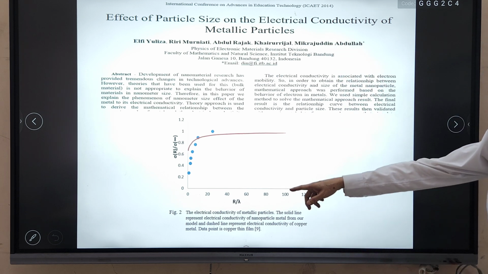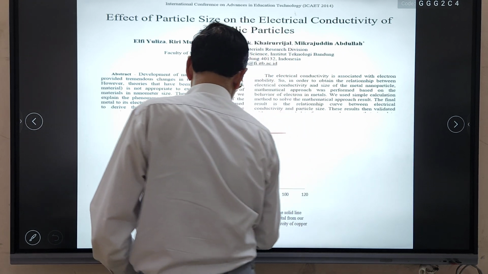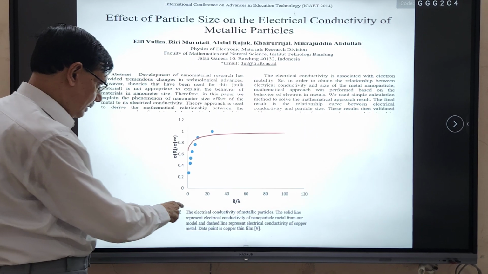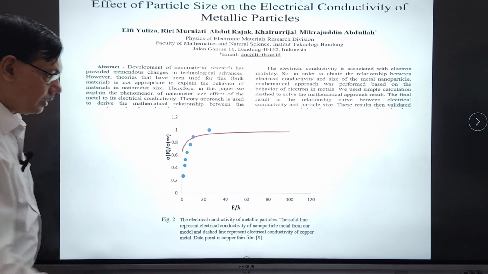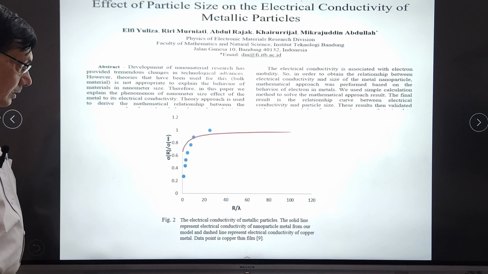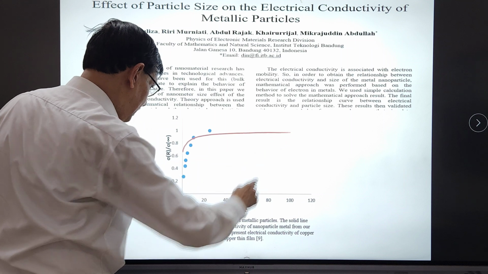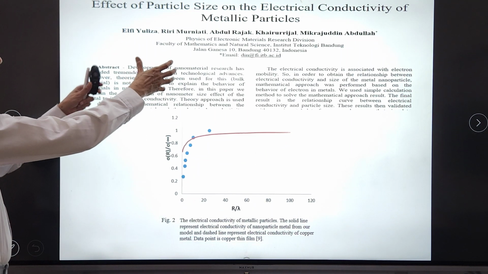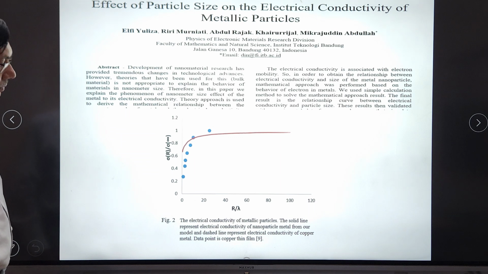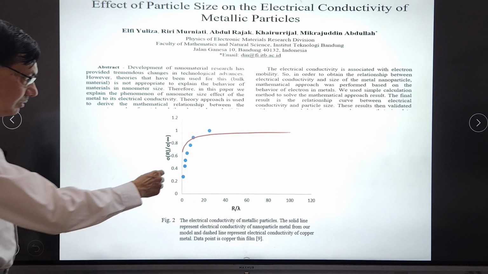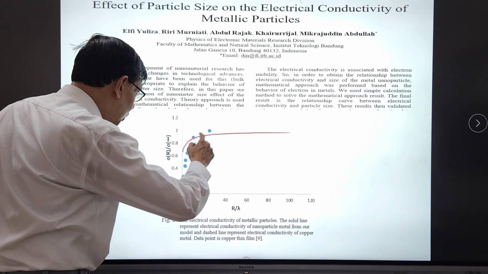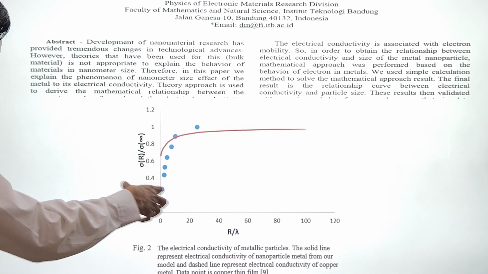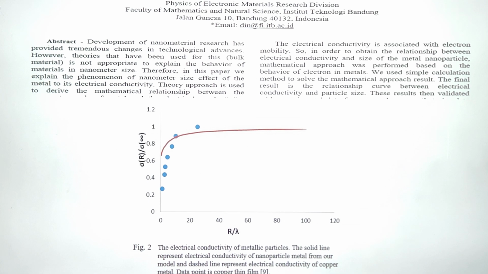Here you see the electrical conductance of metallic nanoparticles. The solid line represents the electrical conductivity of nanoparticle metals from their model, because they have applied a model, and these are some literature values. The blue color is the literature values, and this is for copper thin film.